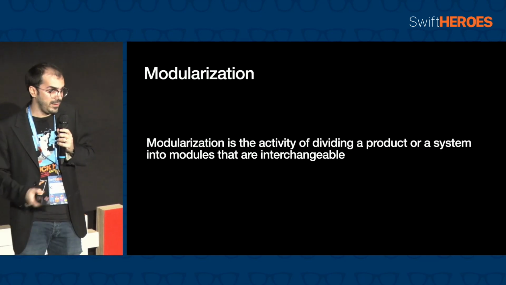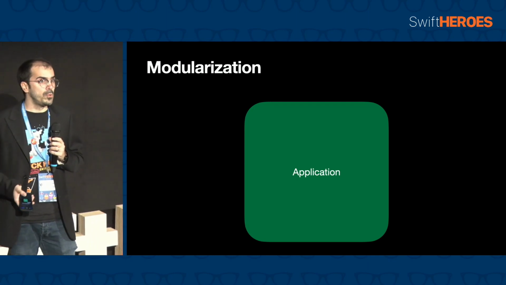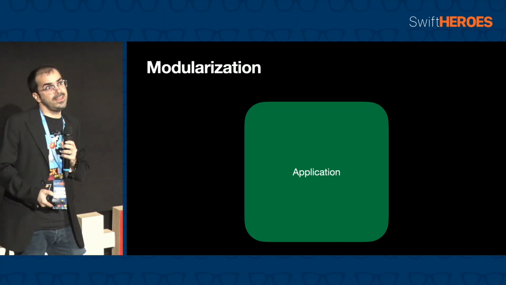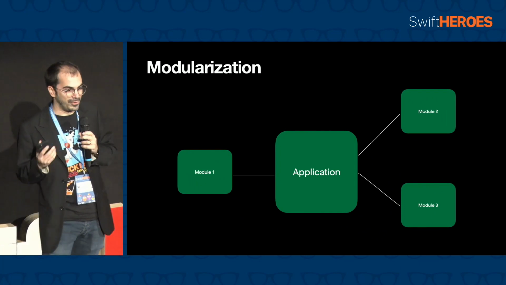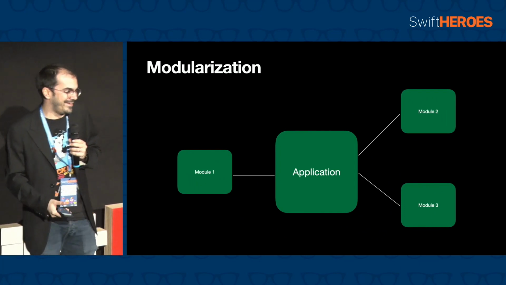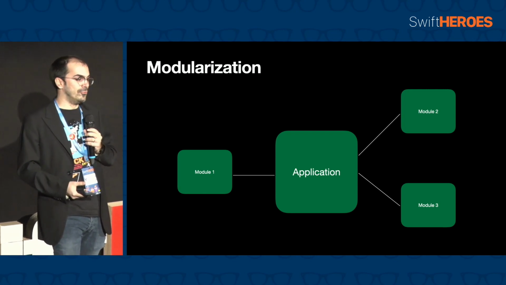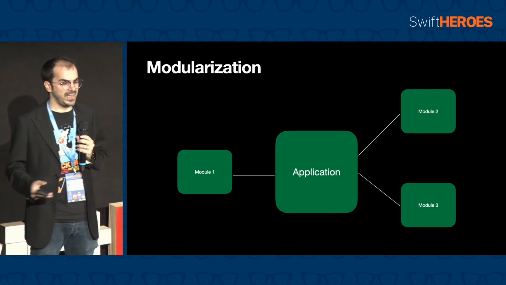What does it mean? It means that if we have a huge, giant blob application, modularizing it means that we want to split it by reasonable topics into subparts in order to reduce the size of the application and gain a lot of benefits.